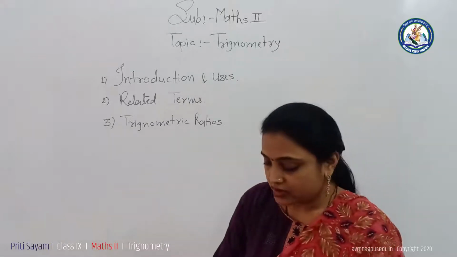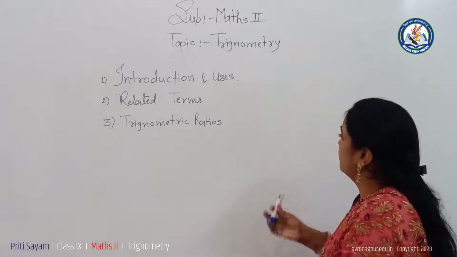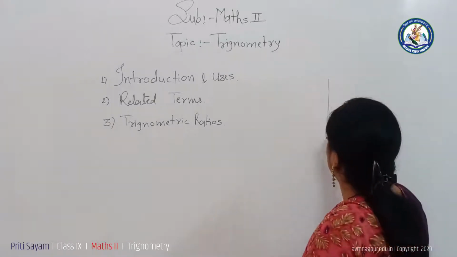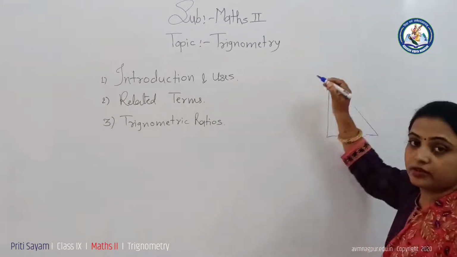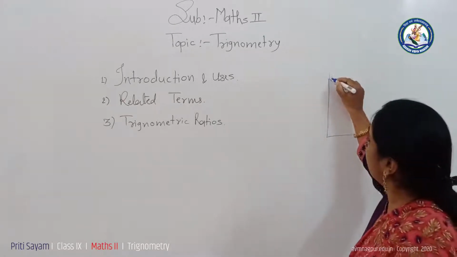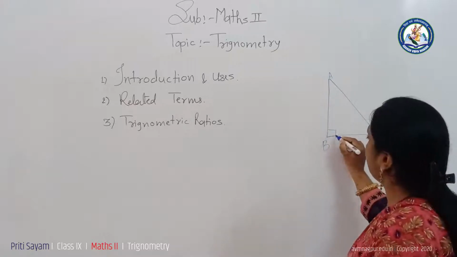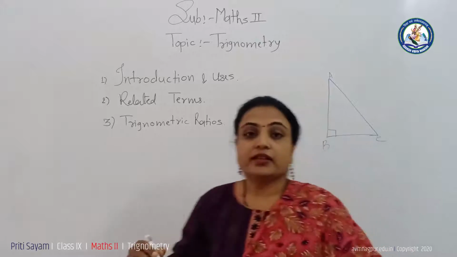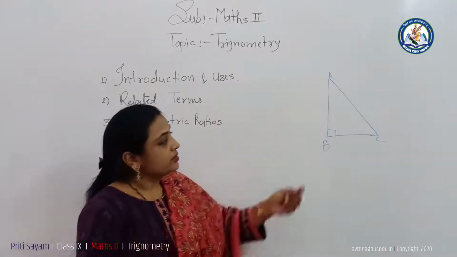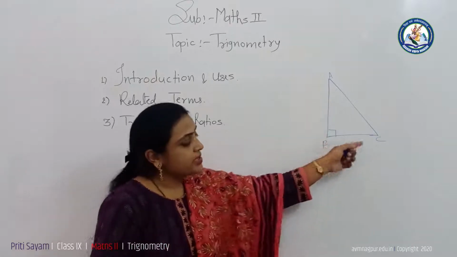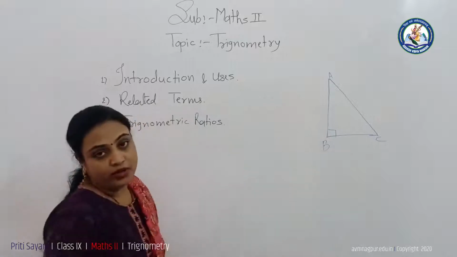Right angle triangles. See, this is the right angle triangle ABC. In this triangle, angle B is 90 degrees, that's why it is a right angle triangle. BC is the base of this triangle and AB is the perpendicular height.